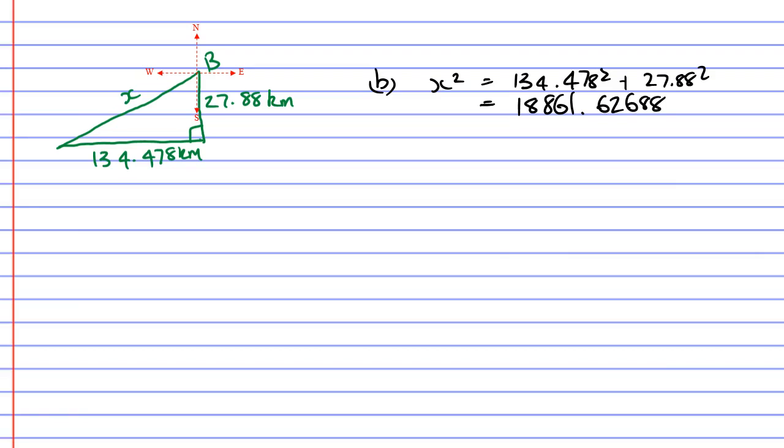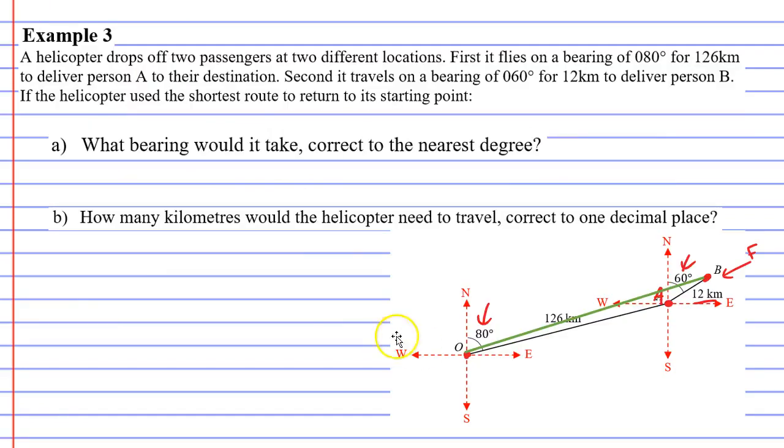So I left as many decimals as I could here. And then X is found by finding the square root of that. This came out to 137.3 kilometers. I believe it was to one decimal place. Yes, here we go. 137.3 kilometers.